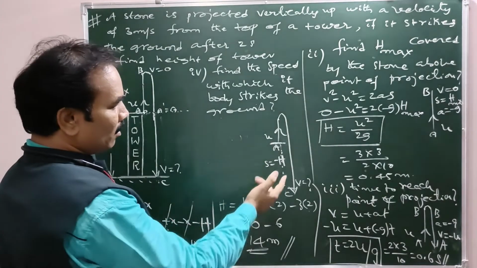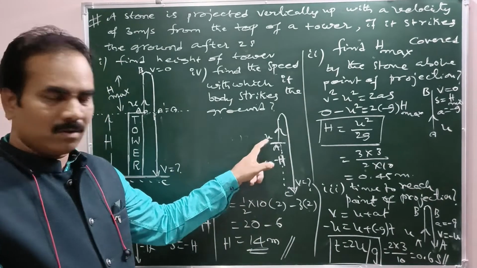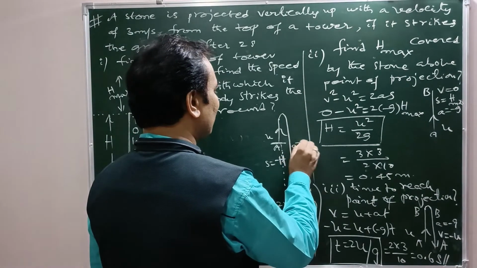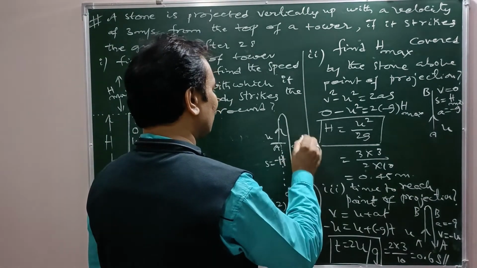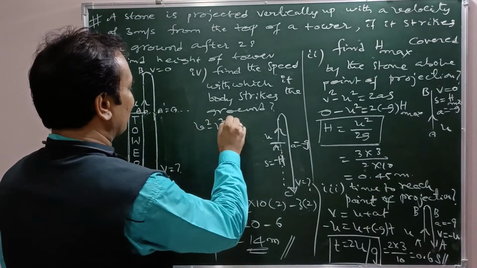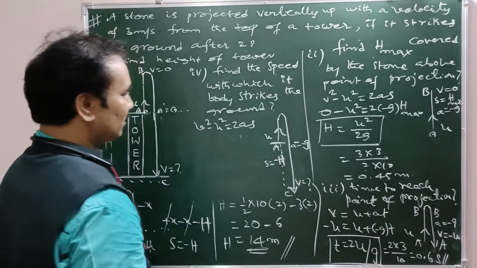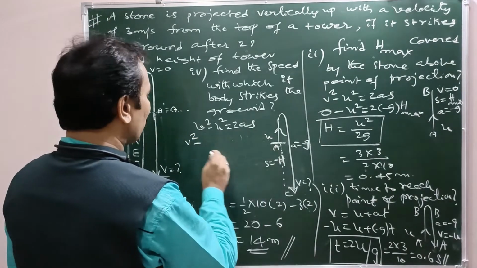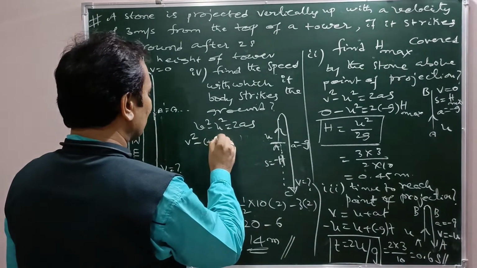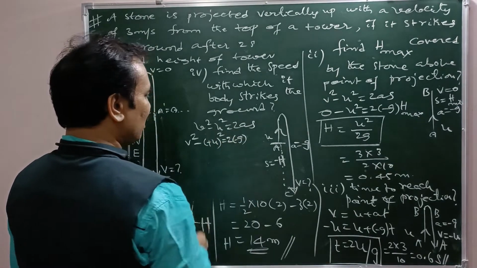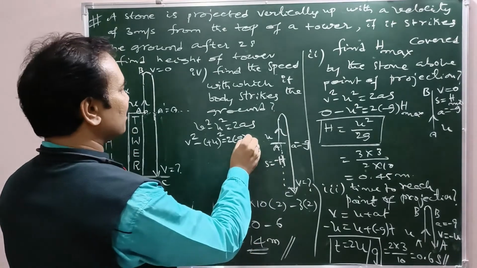Now relate all these quantities u, v, s, a. a equal to minus g. Once again, a equal to minus g. Now take v square minus u square equal to 2as. v is unknown, minus u square becomes plus u square on the other side. 2 into a means minus g, s means minus h.